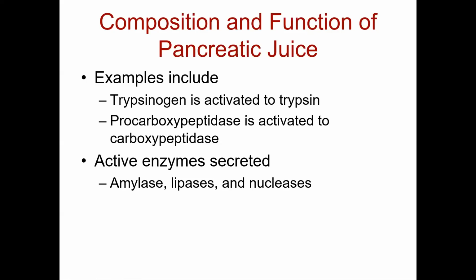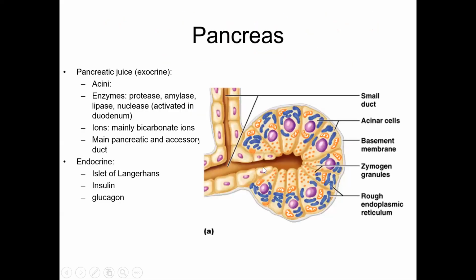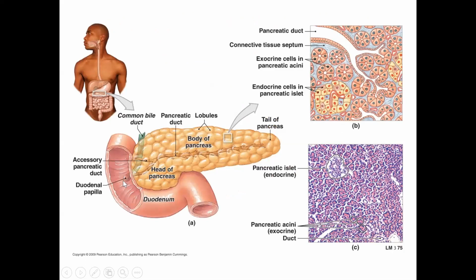And then it is going to travel through this duct system. Once it gets to the small intestine, it can be activated. The enzyme in the small intestine activates the trypsin, and then it becomes active for protein digestion.